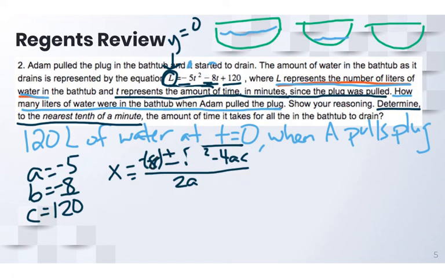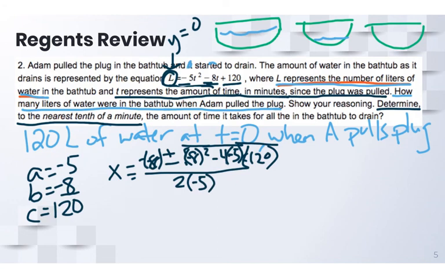Oops. It's hard to write small in this. All right, and here I've got -8 squared. For a, I'm going to replace that with -5. And for c, I'm going to replace that with 120. And down here, a is going to be -5.